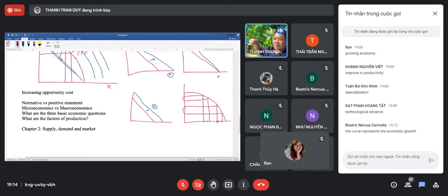So when we have increasing opportunity cost, the PPF curve is bow shape.